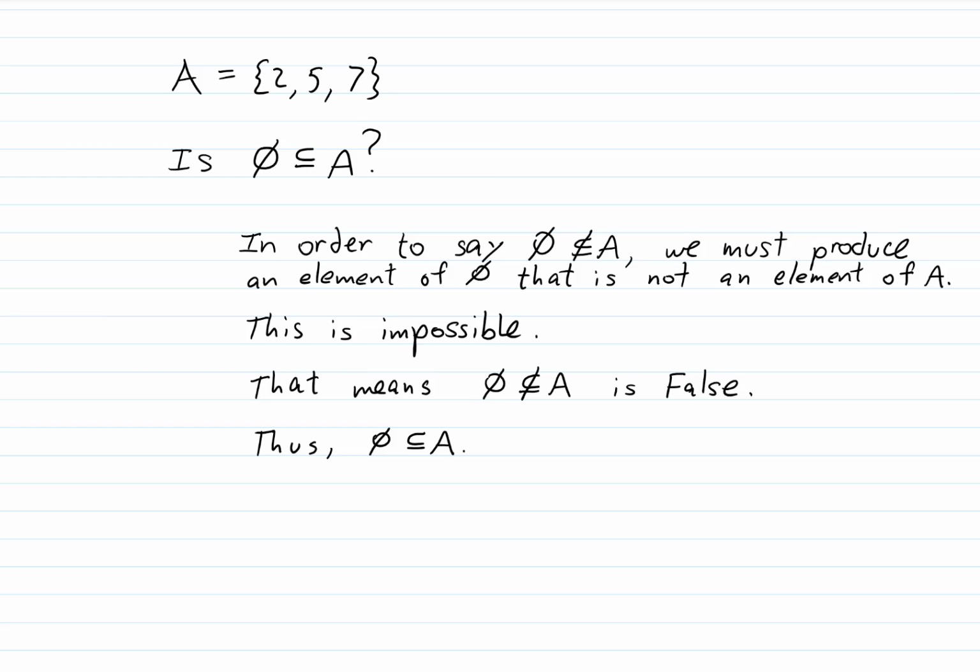And what we've done, let me actually take one step back. I'm going to erase that last sentence, and I want to write this. The empty set is not a subset of A is false.